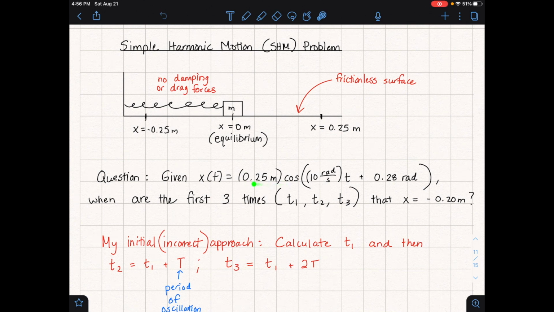We ended up getting this equation for the position, which gives us the position of the block at any time along its trajectory. Because the amplitude is 0.25 meters, it will spend its time oscillating between these two points. And so that's the basic setup.